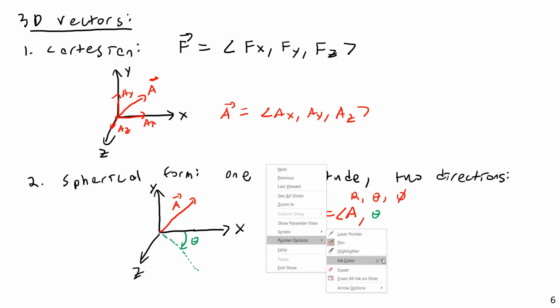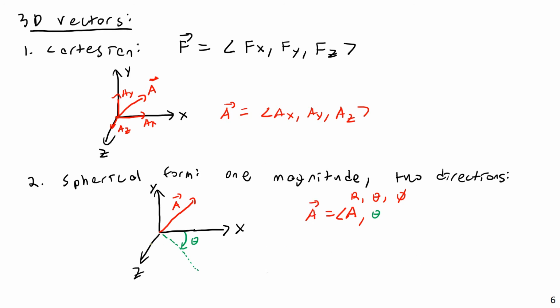And then I would, in turn, measure the angle up to the vector, and I would call that perhaps phi. Although depending on your particular coordinate system, you might have theta and phi switched. So I would use basically two different angles to fully represent where this vector is in 3D space.